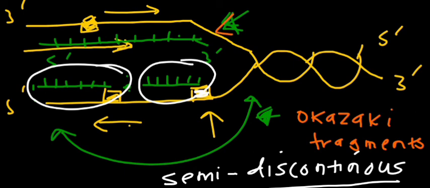All right. Now I want to talk about another enzyme here, which is very important. As the replication is occurring, you've seen that we've got these two strands forming a fork, which we call the replication fork. To prevent these two strands from snapping back together, there's an enzyme called SSB. SSB stands for single-stranded binding proteins.